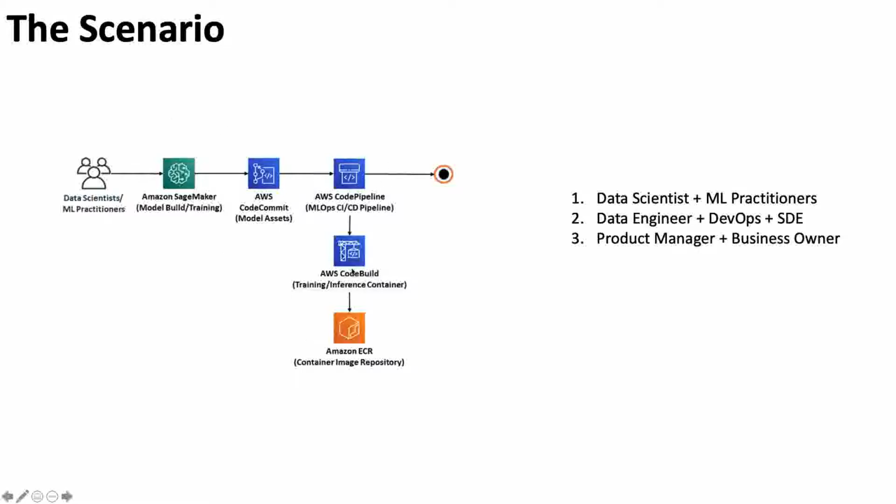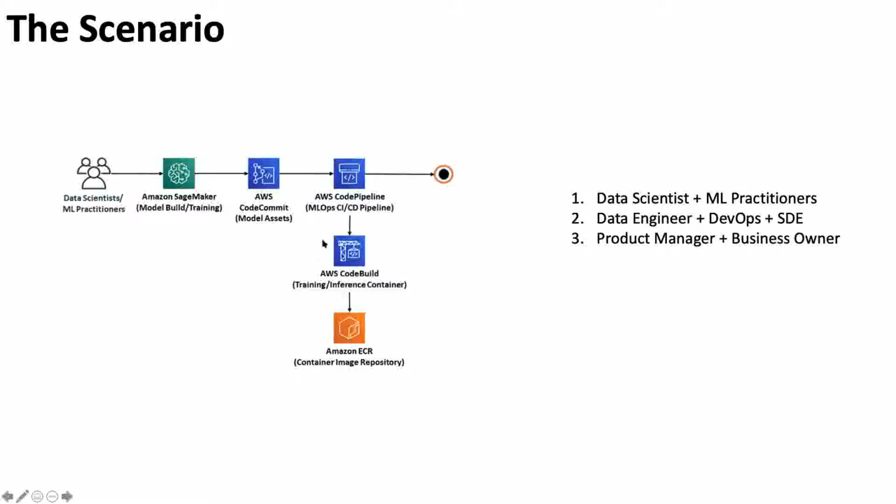There's more detail than this, but this is a high level in terms of the roles that data scientists and machine learning practitioners usually use SageMaker to do. But it looks like we are going to need data engineers somehow between this bucket and this bucket. And we also need DevOps definitely between this bucket to this bucket and to this bucket.